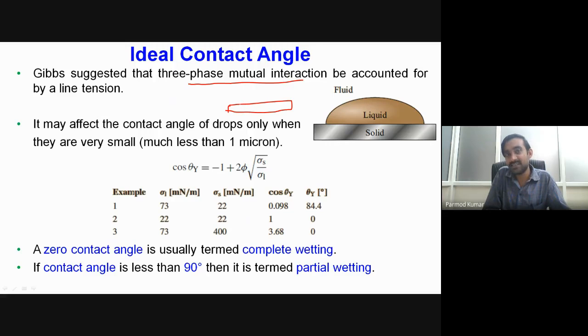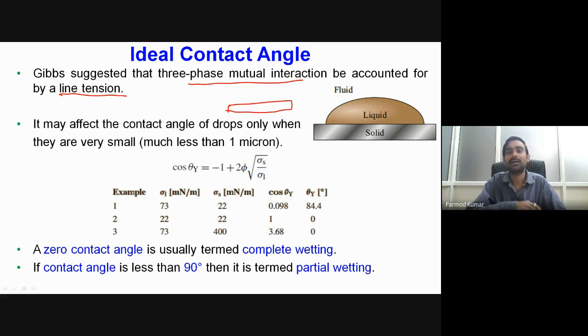There are chances that at the molecular level, this perfectly smooth surface will interact with the molecules of the fluid and the molecules of the liquid. These molecular interactions may lead to a change in the value of the contact angle. That's why Gibbs suggested an additional term, known as line tension, in order to correct the value of the contact angle.